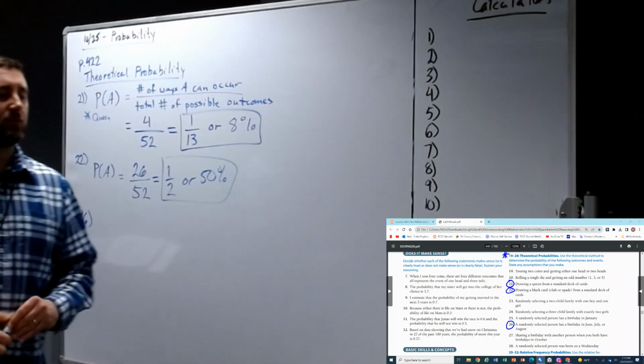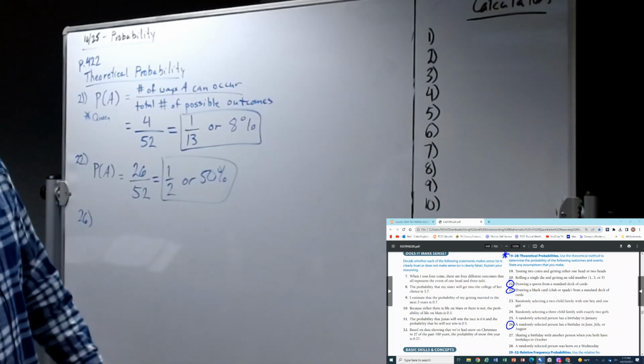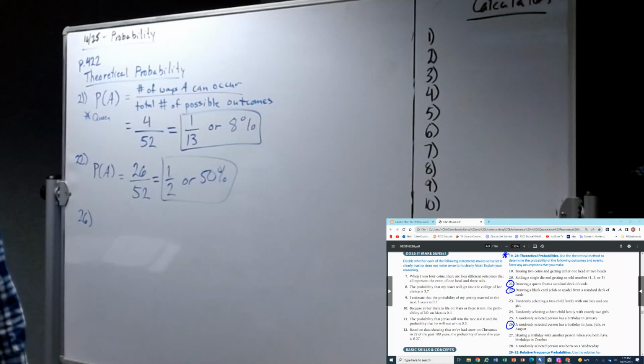The theoretical probability that a randomly selected person has a birthday in June, July, or August. August does.